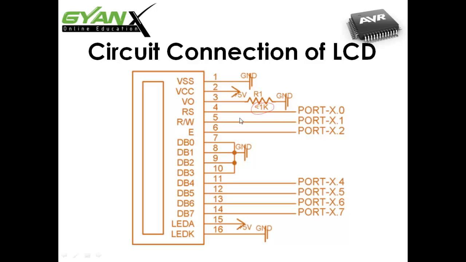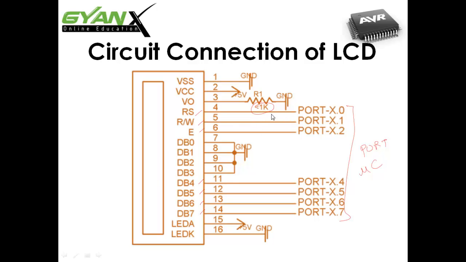and the rest of the 7 pins RS, RW, E, then DB4, DB5, DB6, DB7 should be connected to any port of the microcontroller, so that you can send data from the microcontroller to those pins, so that the display will appear in this portion.